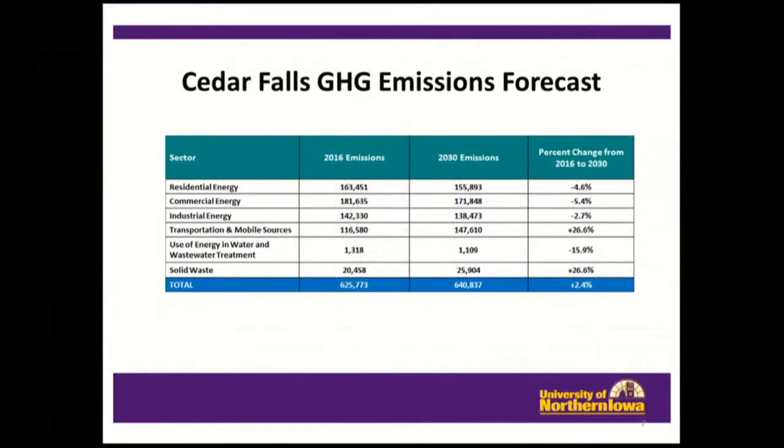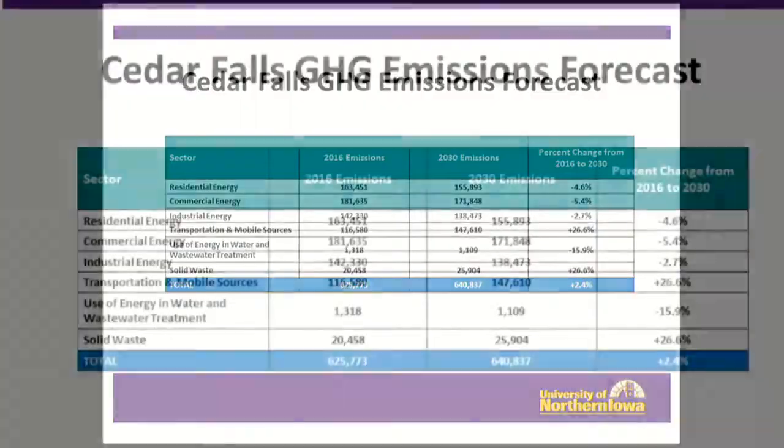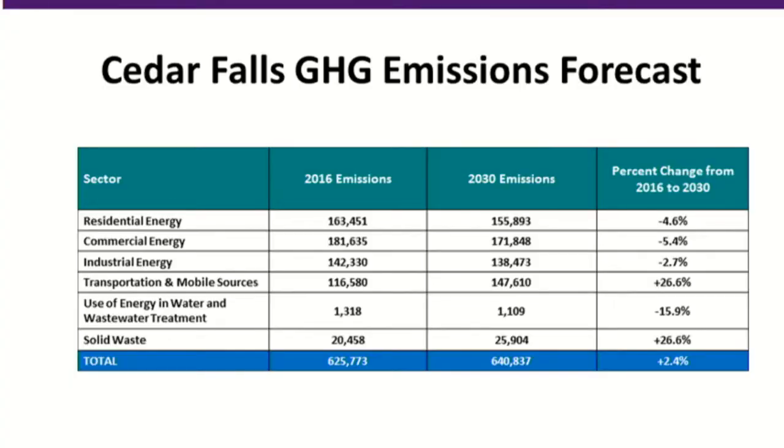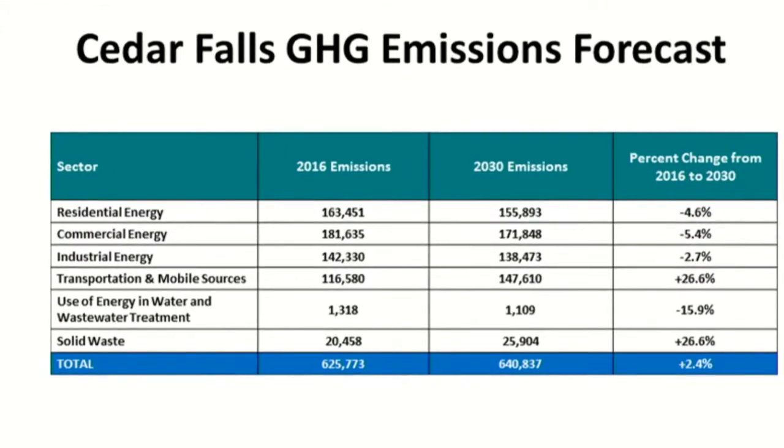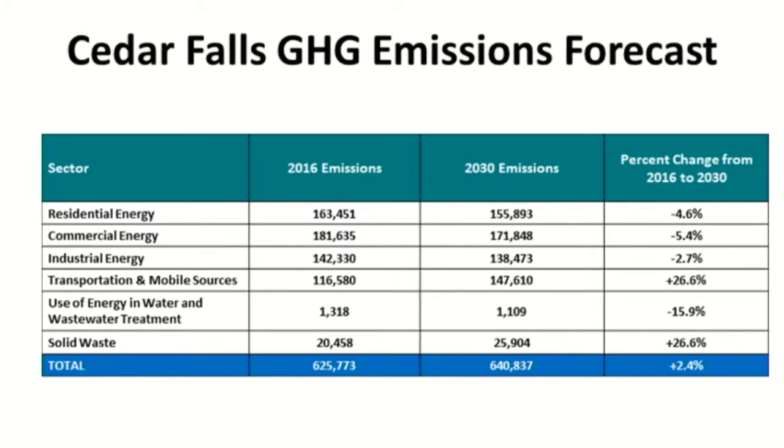Then the second step we talked about was the forecast. The business as usual forecast. So if we only apply changes in population, so growth rate in our population, based on census data from recent years, and then also a factor associated with decarbonization of the electricity grid.